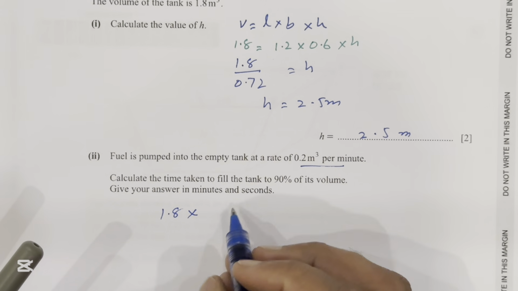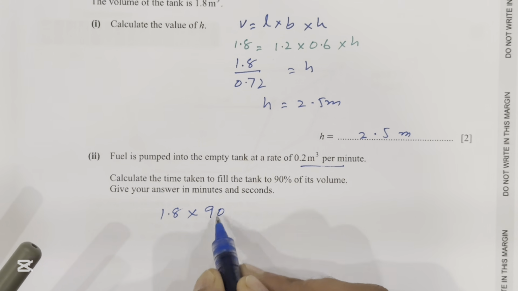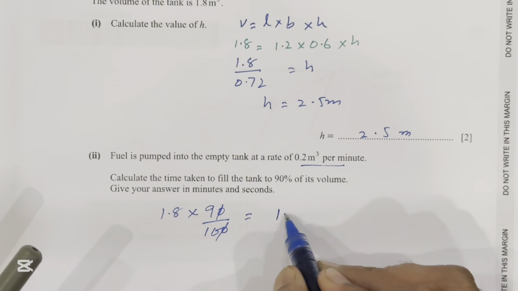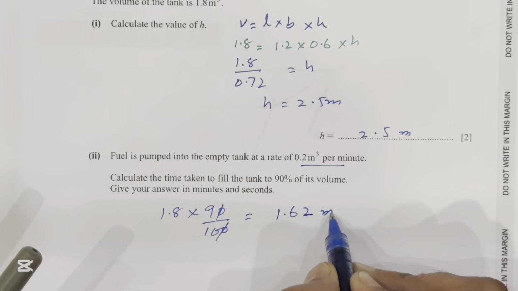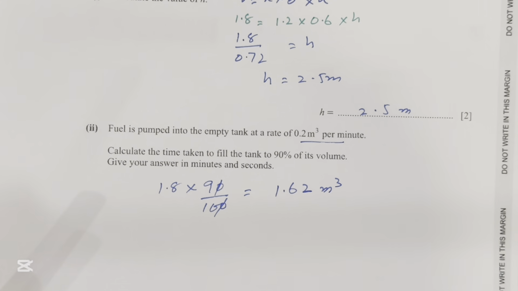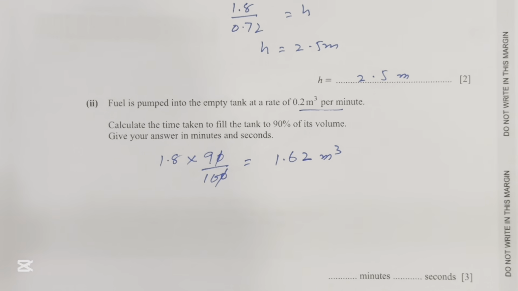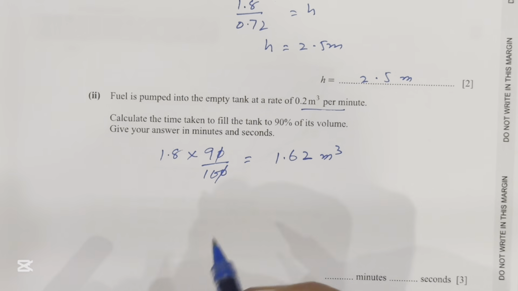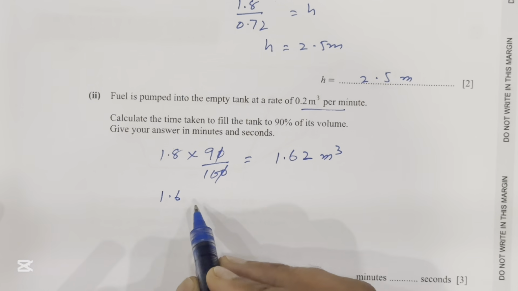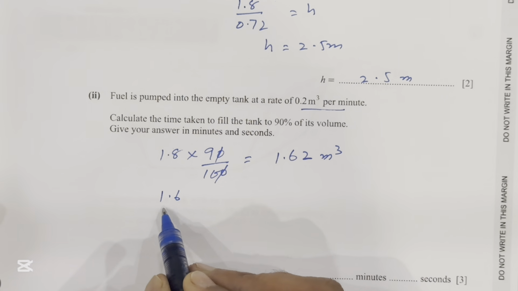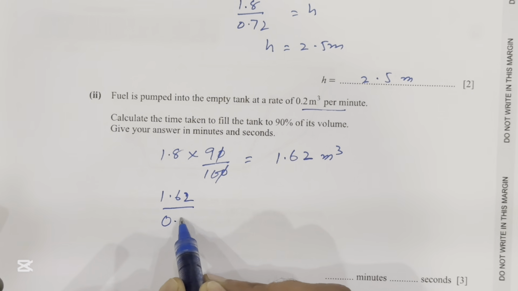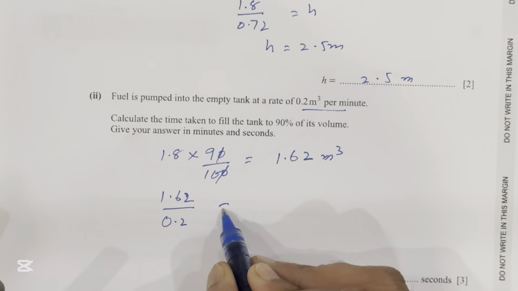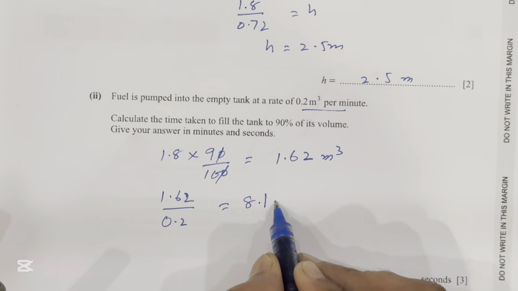It would be 1.8 multiplied by 90%, which is equal to 1.62 meter cube. So we need to fill 1.62 meter cube, and we can calculate the time by dividing it by 0.2 that was given in the information. This is how we get our answer, that is equal to 8.1 minutes.